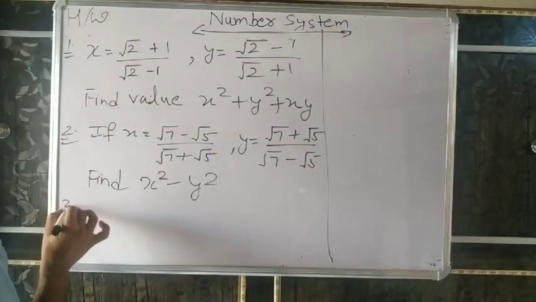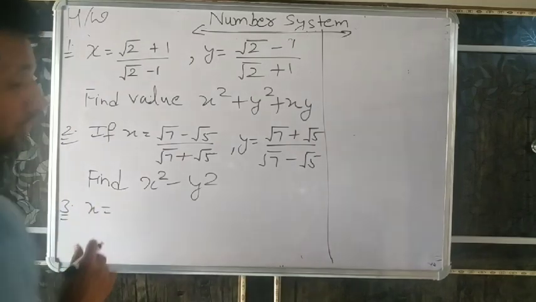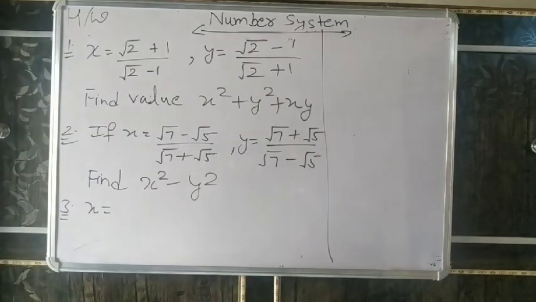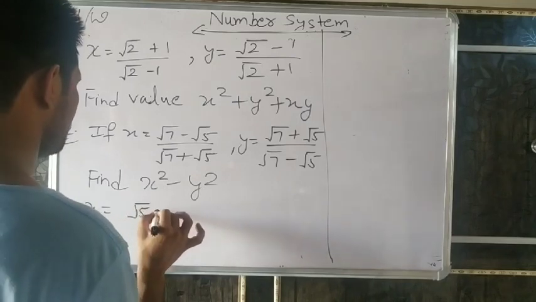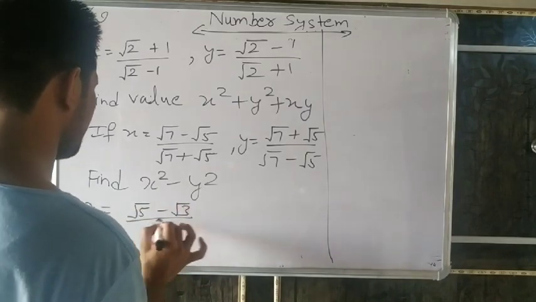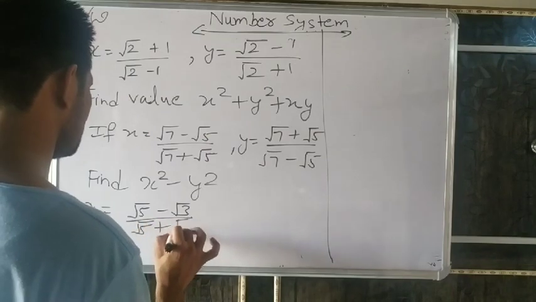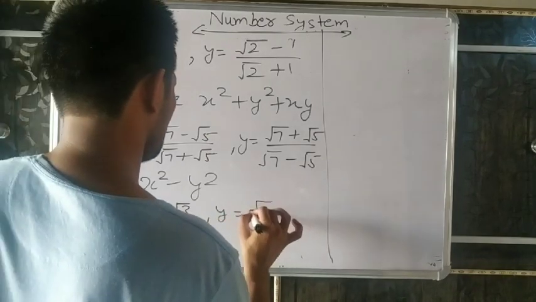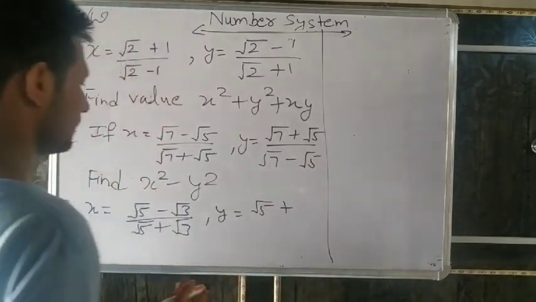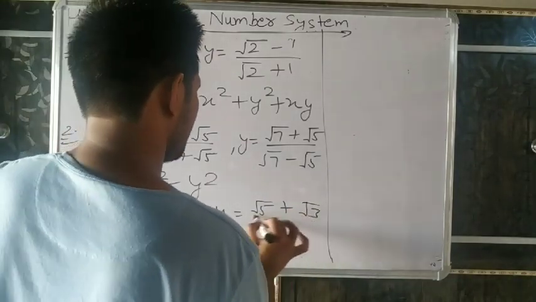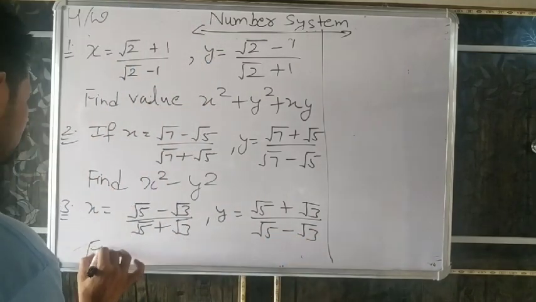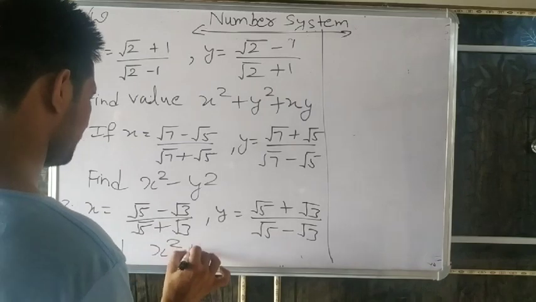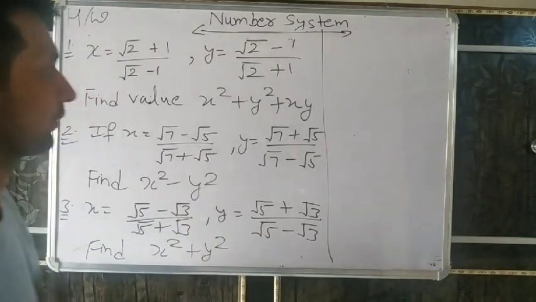Third: x equals (root 5 minus root 3) divided by (root 5 plus root 3), and y equals (root 5 plus root 3) divided by (root 5 minus root 3). Find x square plus y square.